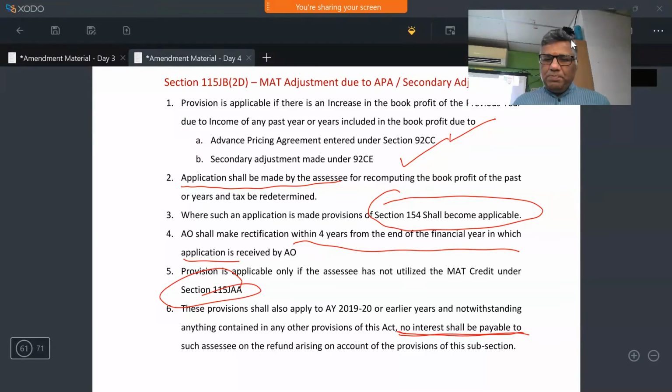Adjustment is made by the AO on the basis of an application presented by the assessee. Point number three. Adjustment is made under section 154.